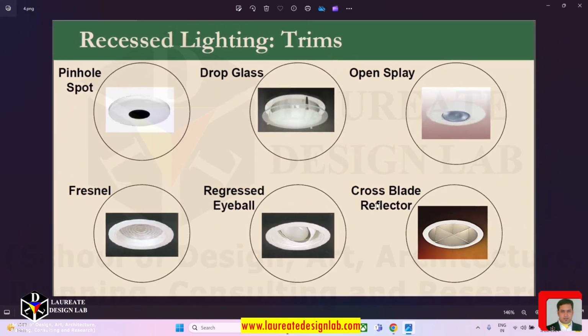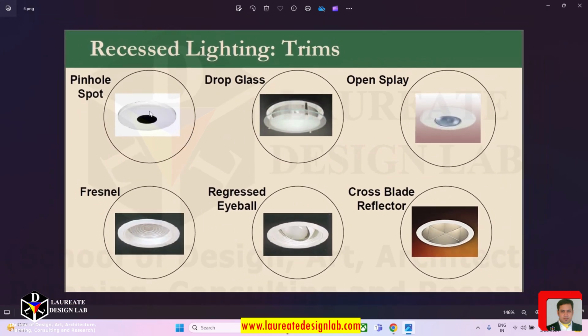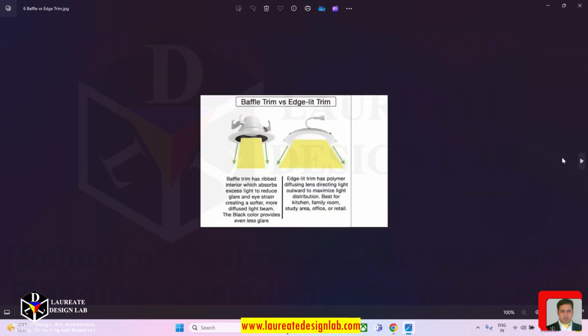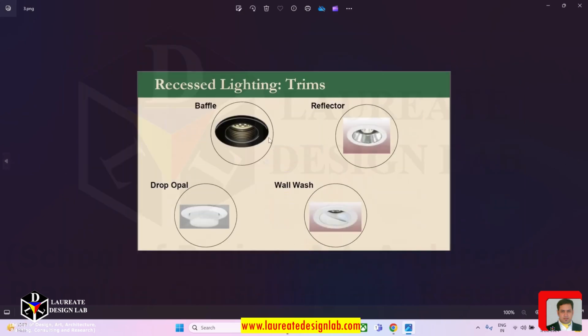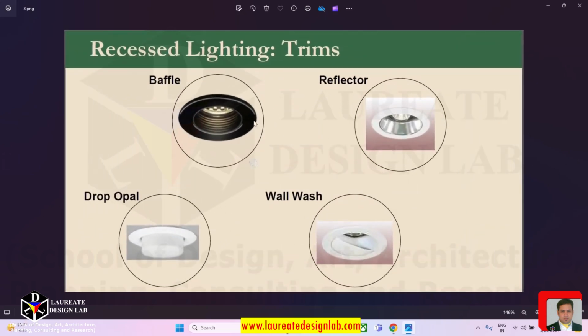In general, let me tell you, this light, this light and this light are almost inside, because of which you won't get any kind of glare. But in this case, this is coming out, you may get glare. Let me show you. In these cases, you won't get any glare, but you will get a little bit of glare if it is not diffused.